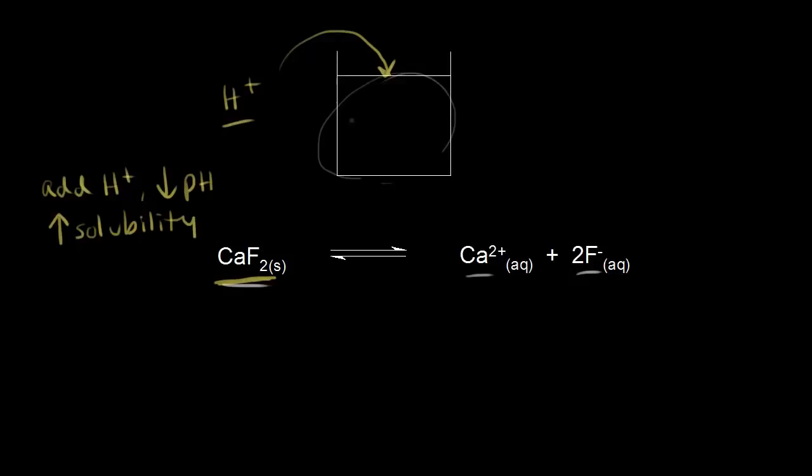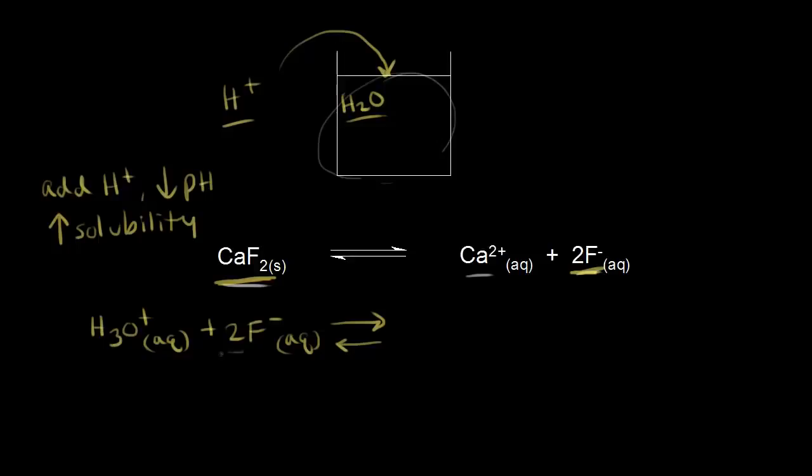If we're adding H+, we know we have H2O present, so H+ and H2O give us H3O+. So we have hydronium ions in solution, and we also have fluoride ions in solution. And fluoride can function as a base. So the fluoride anions are going to function as a base, and hydronium functions as an acid.